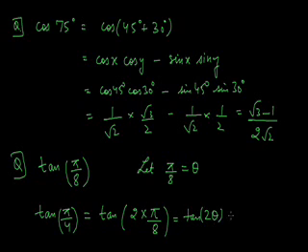And we know that tan 2 theta can be converted in terms of tan theta by using the formula: tan 2 theta is 2 tan theta upon 1 minus tan square theta.